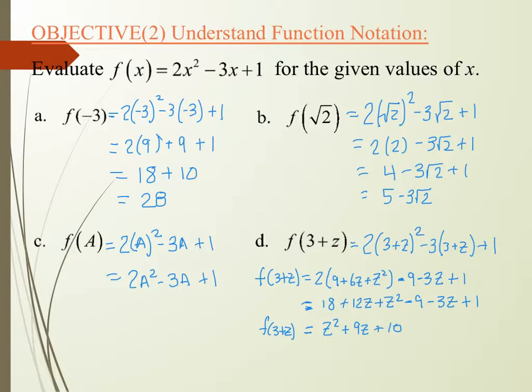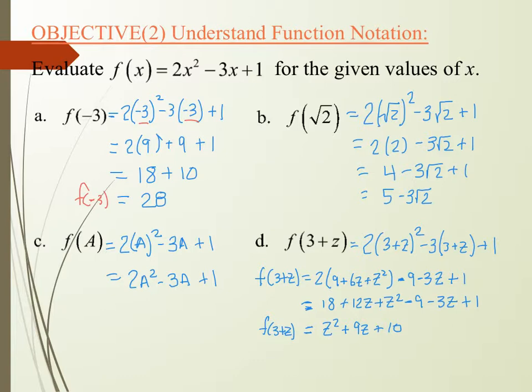So we plug in for f of minus 3, we put the various numbers into the equation where x is, and we solve, and we find that f of minus 3 is equal to 28 in part A.